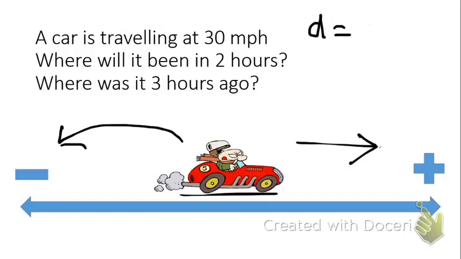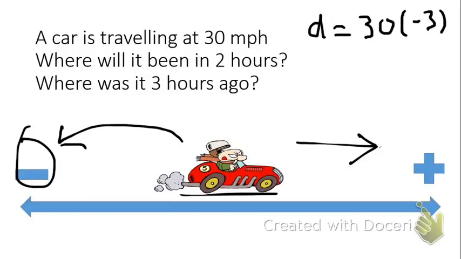So we've got our distance, the rate is once again 30 miles per hour, but we want to know 3 hours ago. Since it's in the past, that's a negative 3. Well, 30 times 3 we know is going to be 90, and we know it's going to be over here in the negatives, so this is a negative 90. His distance is going to be in the negative direction, 90 miles.